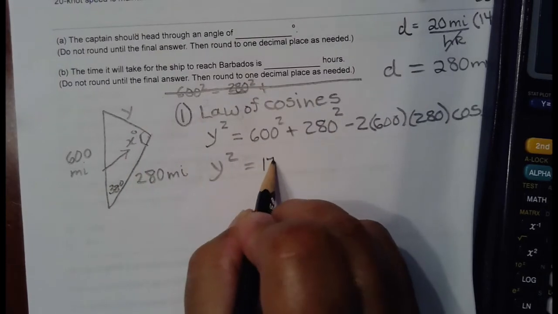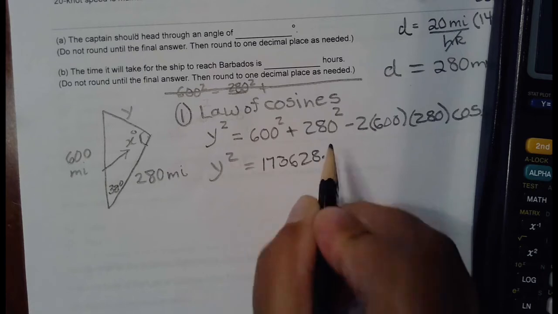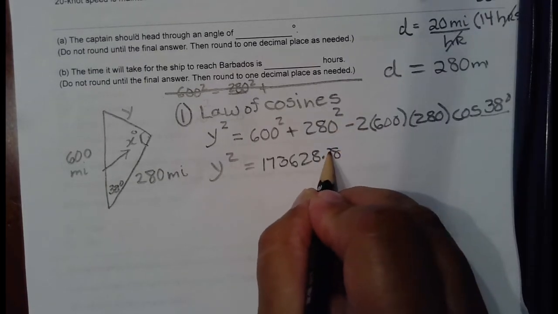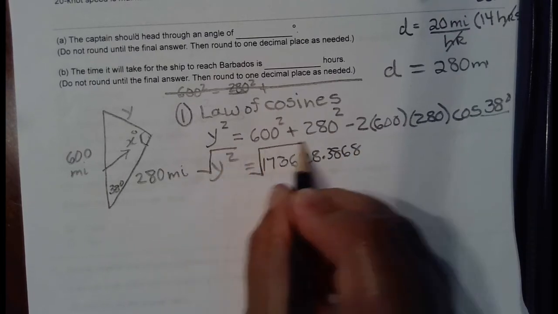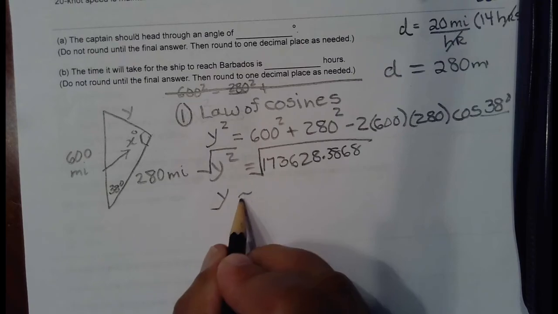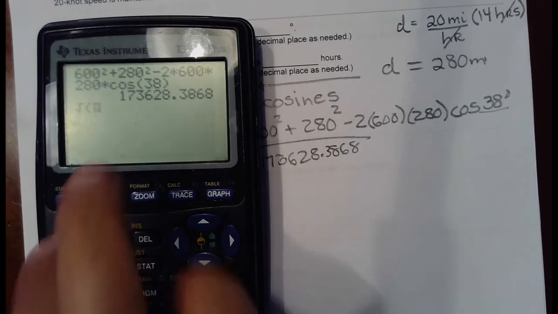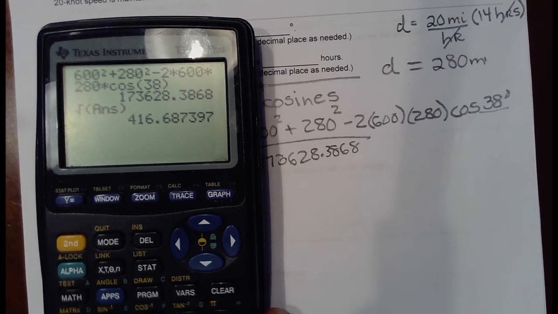Okay. So right now, since I'm in the middle of the problem and neither one of these is the question that they're asking, they want to know the captain should head through an angle of what? They want to know that angle right there. And I'm not answering that yet. I haven't gotten to that yet. And they also want to know the time it will take for the ship to reach Barbados after it turns right here.